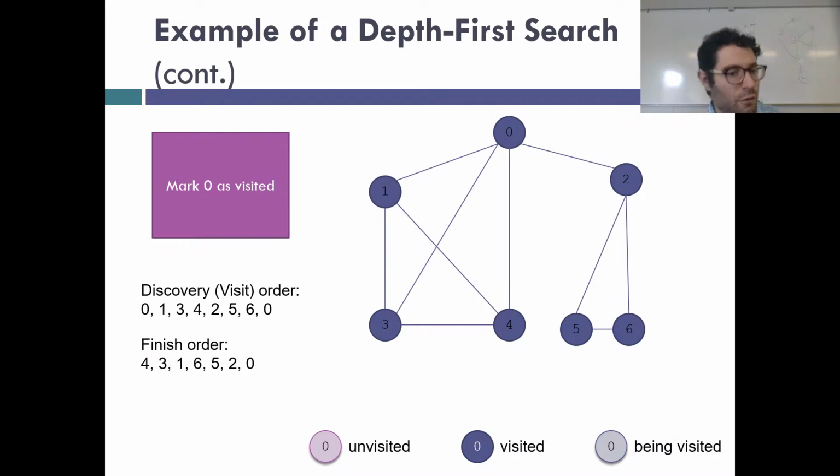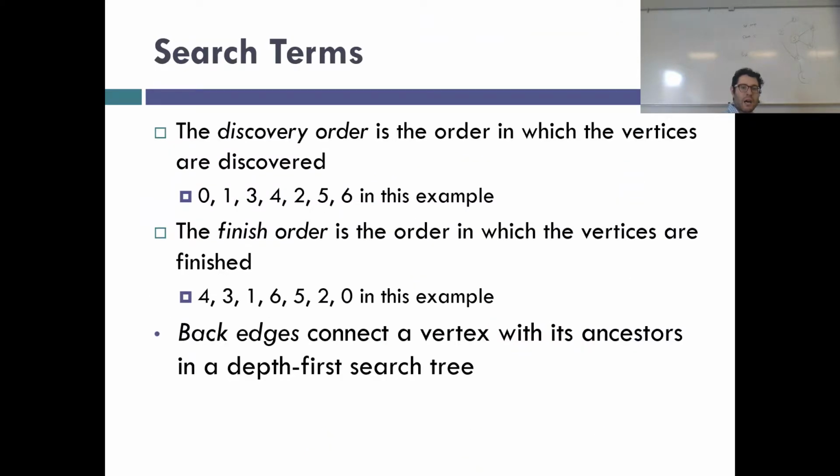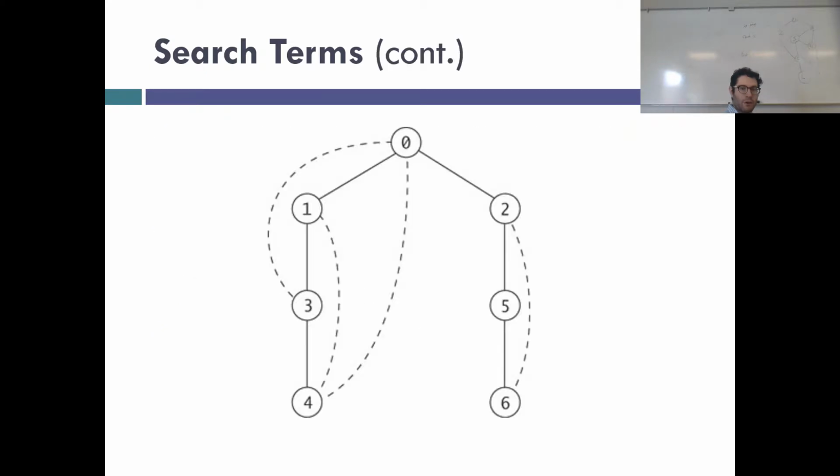Okay, so there are two orders you can go through stuff. There's the order in which you visit the nodes, the order in which you literally go through. And then there's also the finish order, which is the order in which you backtrack, right? So we have this discovery order: 0 to 1 to 3 to 4.